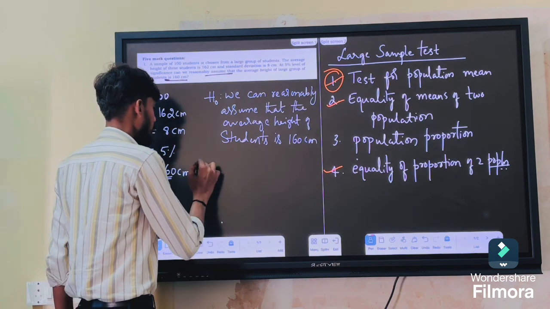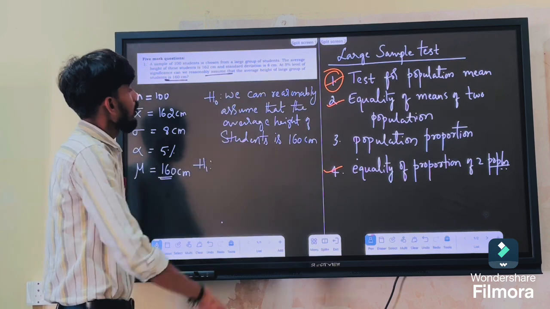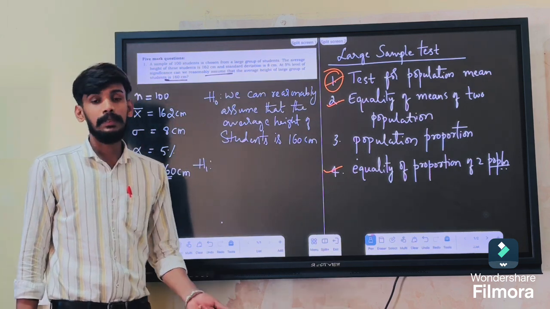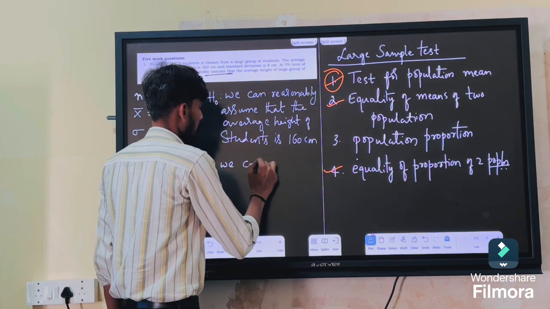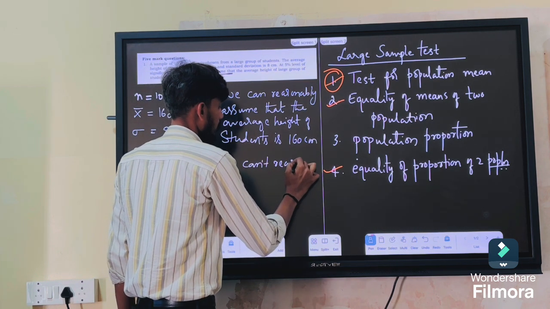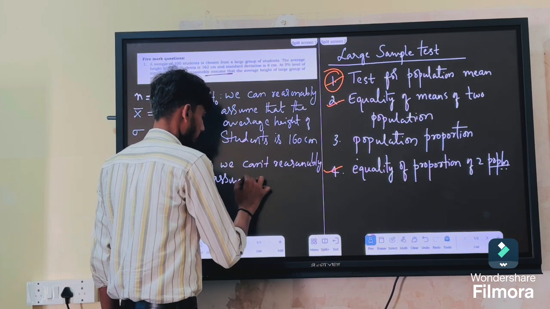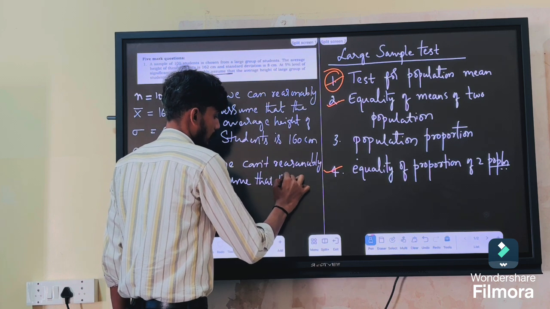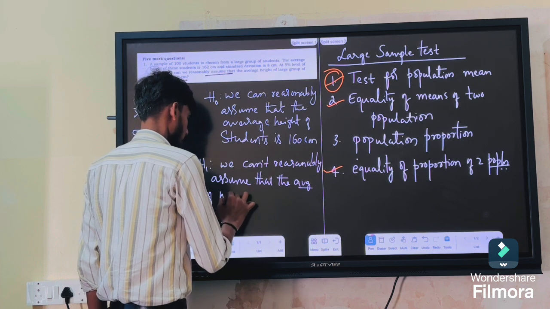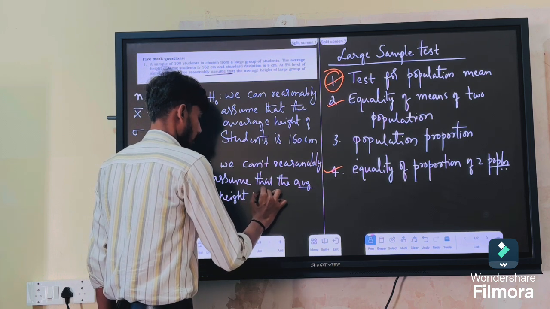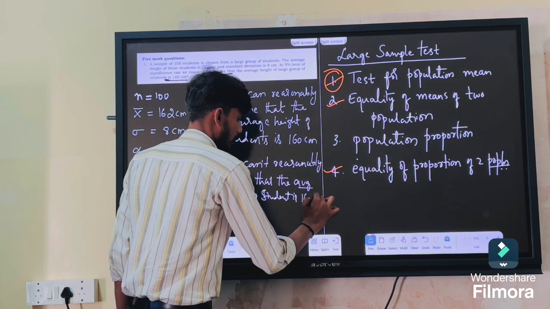The alternative hypothesis we have to write opposite to that. Here H0 says we can assume, so against it the alternative is that we cannot. So we write the alternative hypothesis like: we cannot reasonably assume that the average height of student is 160 centimeter.